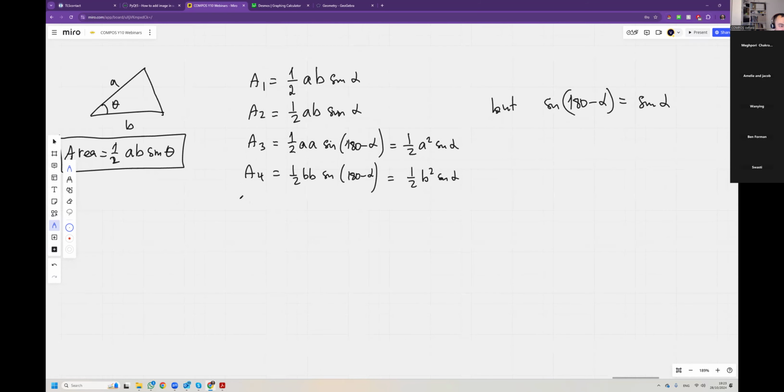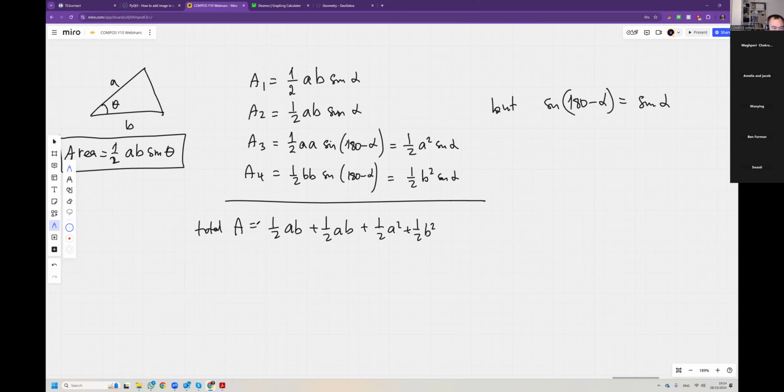So the total area is 1/2 AB plus 1/2 AB plus 1/2 A squared plus 1/2 B squared multiplied by sine alpha. Well, actually, you don't really need the 1/2, so let's take the 1/2 out, multiplied by 1/2 sine alpha.